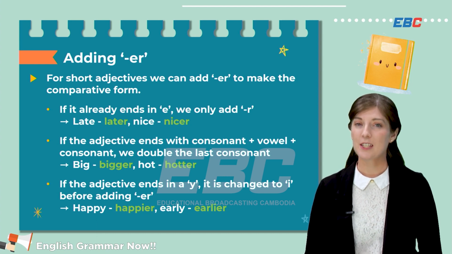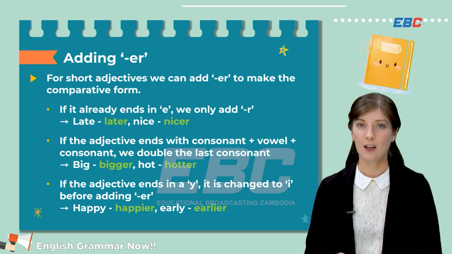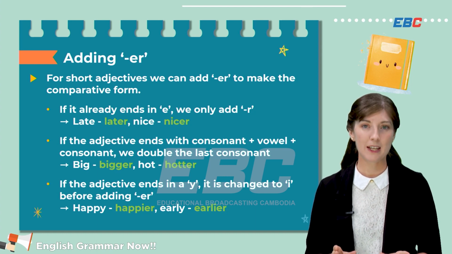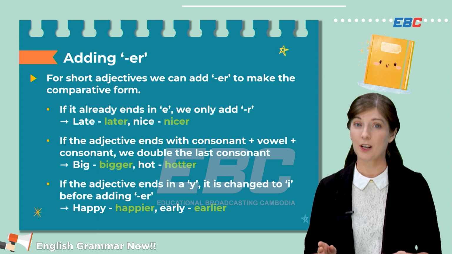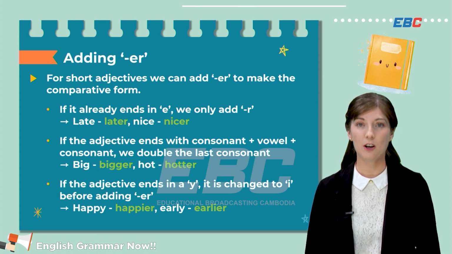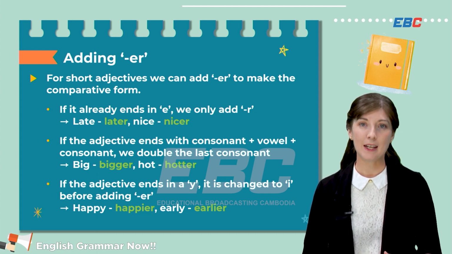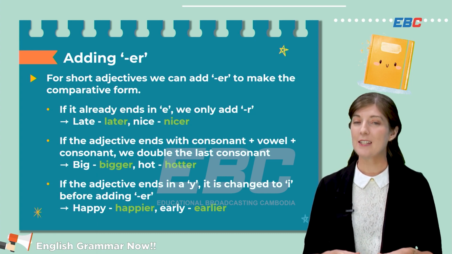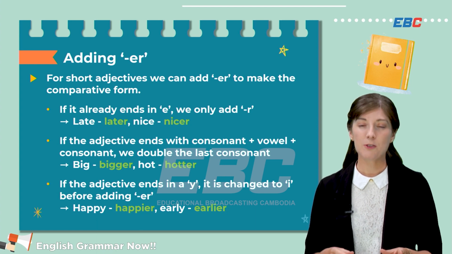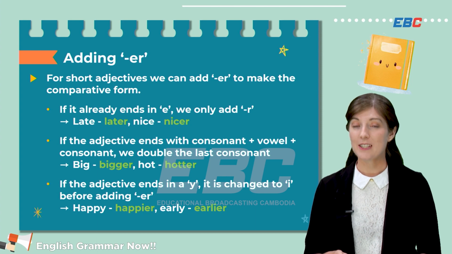If the adjective ends with a consonant, vowel, consonant, always all of those together and in that order, then we have to remember to double the last consonant. So for an adjective like big, if we're adding the ending ER, we have to remember to double the G. Bigger is spelled B-I-G-G-E-R.